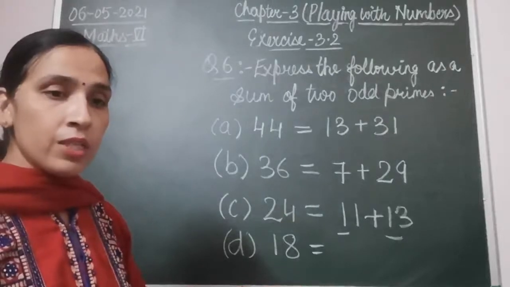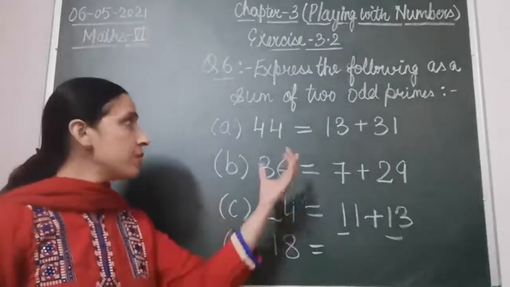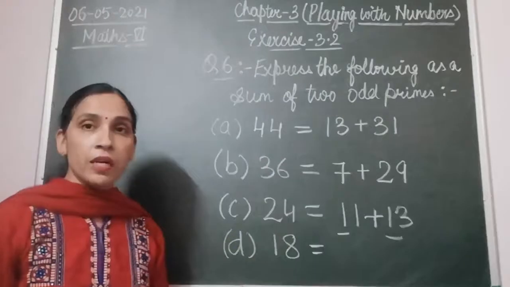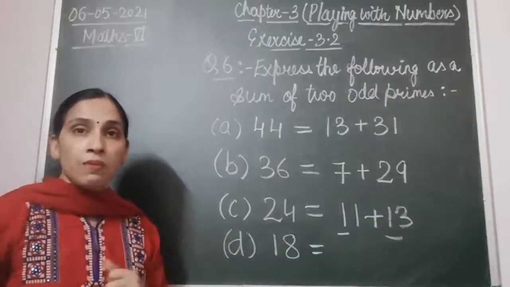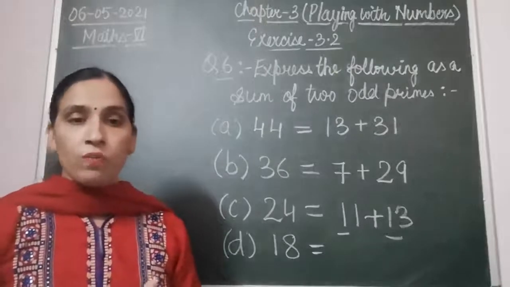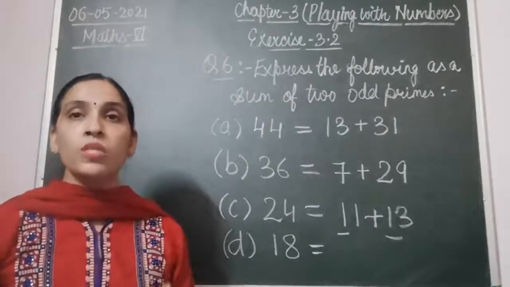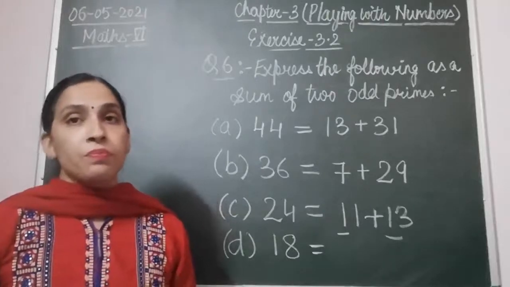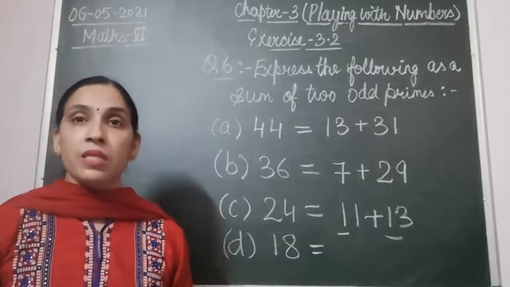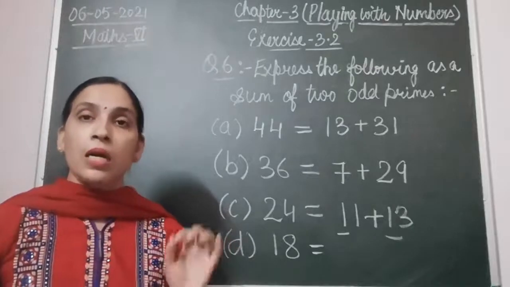Now let's come to the next question. This is your question number 6 which we have done right now. Come to question number 7. Question number 7 is: give 3 pairs of prime numbers whose difference is 2. Now this we have done in the previous class also.